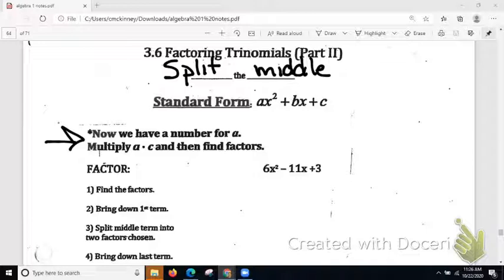People overlook it. So we have to take A times C. We're going to take this times this, slide that over and multiply. So 6 times 3 is 18. You know how usually we were multiplying to get the last number? We're still going to be multiplying to get a number, but to get what we're looking for, we do 6 times 3.